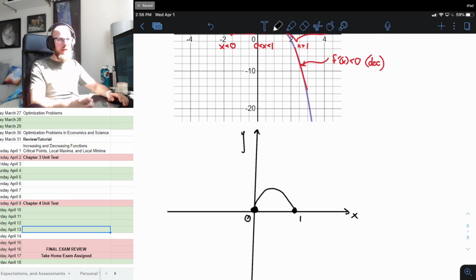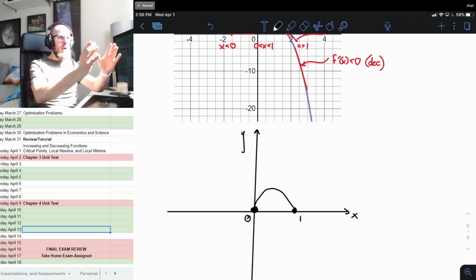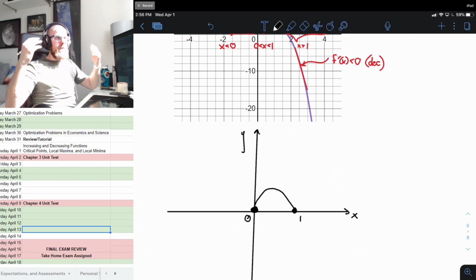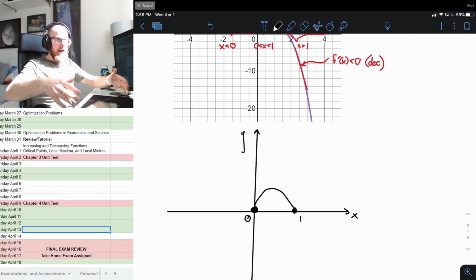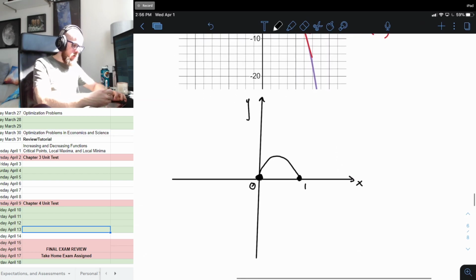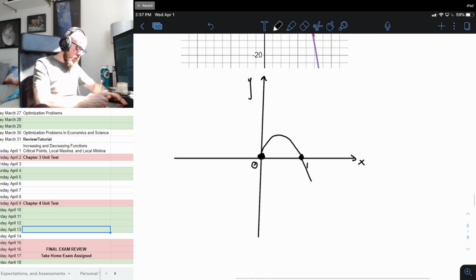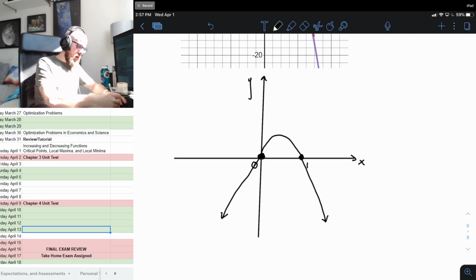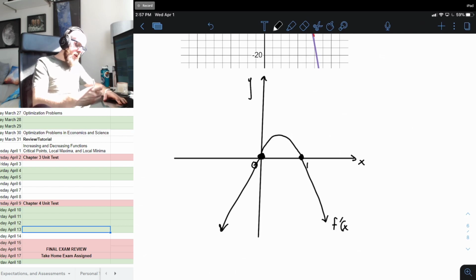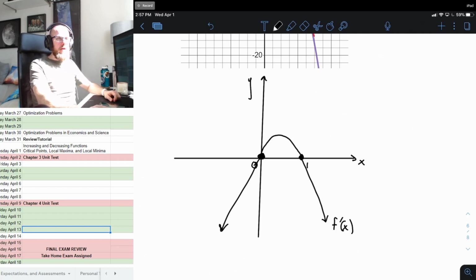Now, outside of that interval, I know that my function is decreasing, and so that tells me that my derivative has to be negative after that, right? So outside of these points, I'll have something like this, because my derivative is negative. Probably make that look a little bit nicer, maybe something like that. It's pretty rough, and that is what f prime of x might look like.